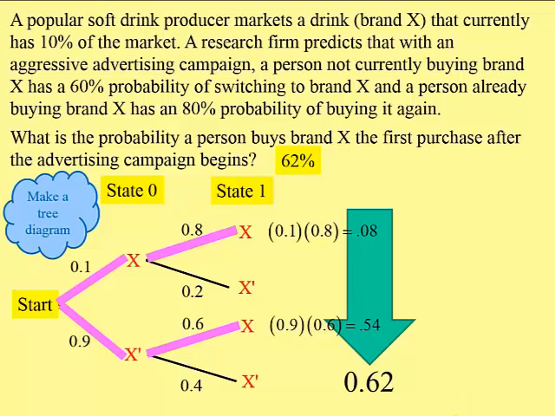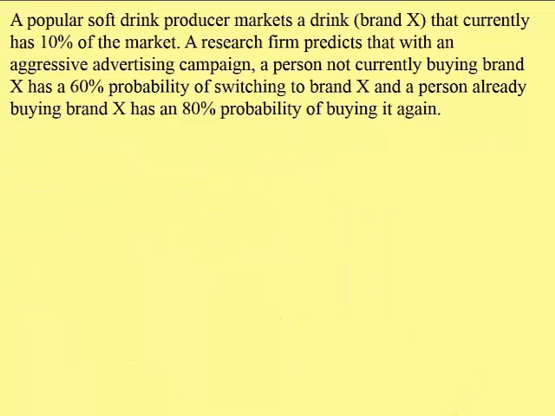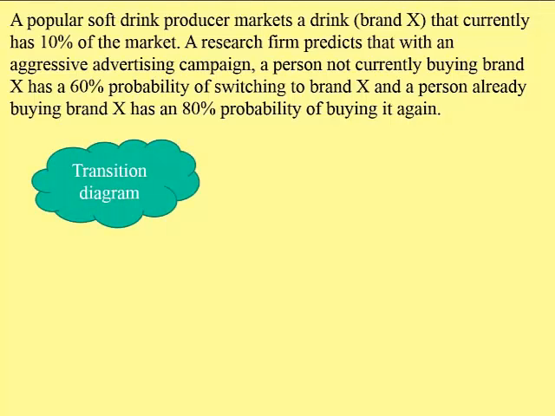Now one of the things that helps in visualizing these problems is a thing called a transition diagram. To make a transition diagram, we put the two things that we have. They either bought brand X or they didn't.